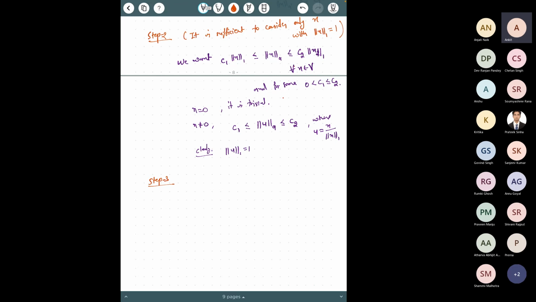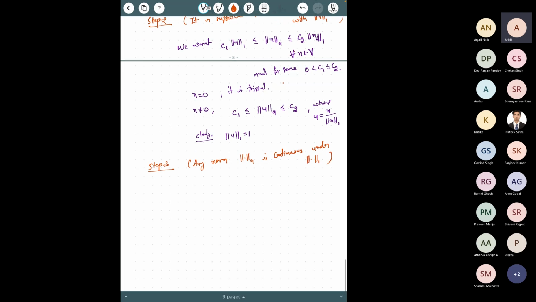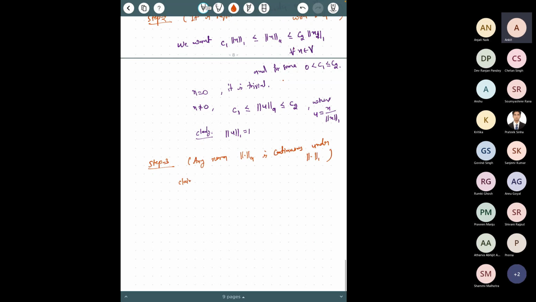Now, in order to show step 3, I need one analytical property of norm. You can check easily that any norm, let us denote this by a norm, is continuous under one norm. What is the meaning of that?